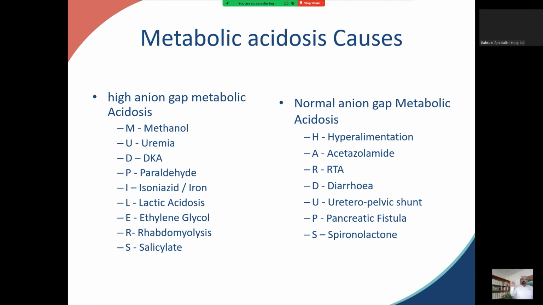Metabolic acidosis, this is something we see very frequently also. Why did I mention the anion gap? Because it's important here. There is a high anion gap metabolic acidosis and a normal anion gap metabolic acidosis.